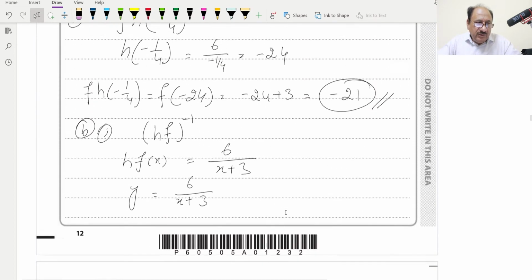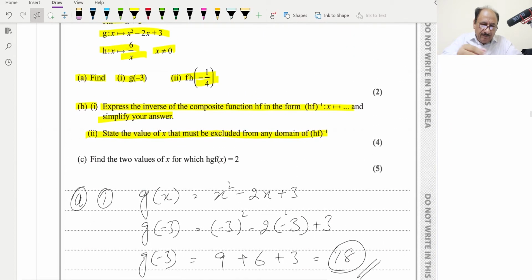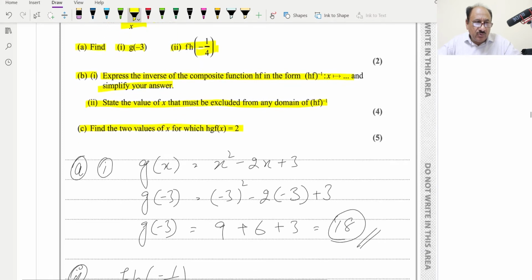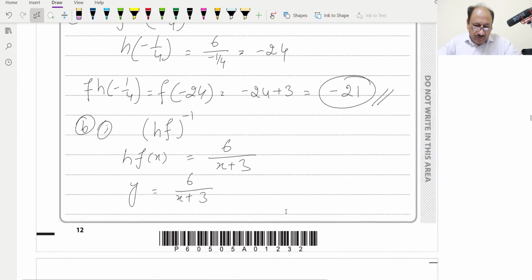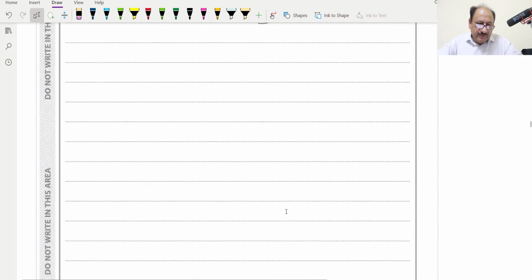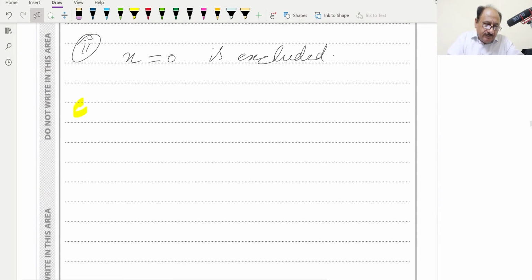And for the C part, basically find the two values of x for which hgf of x is equal to 2. So first of all, we have to write hg. We need hgf of x.